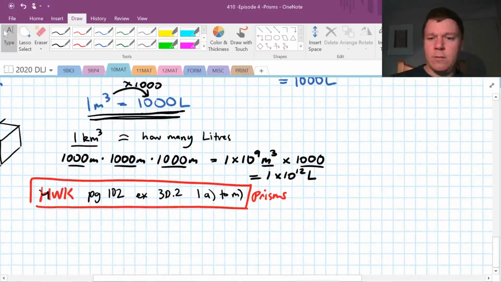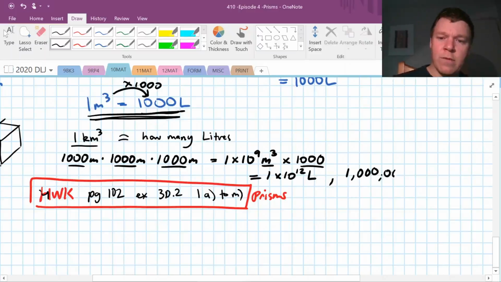And fine, I'll write out this number: 1 0 0 0 0 0 0 0 0 0 0 0 0 liters.